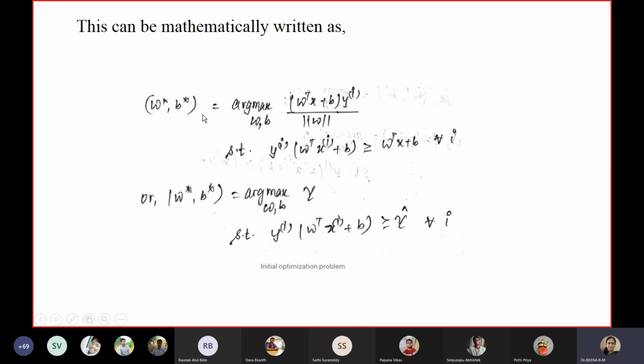Here the objective function is the geometric margin of the hyperplane W comma B. It is the minimum of the set of geometric margins of the hyperplane W and B with respect to all the training samples, or it can also be denoted as argmax over the hyperplane W comma B. What is this argmax doing here?